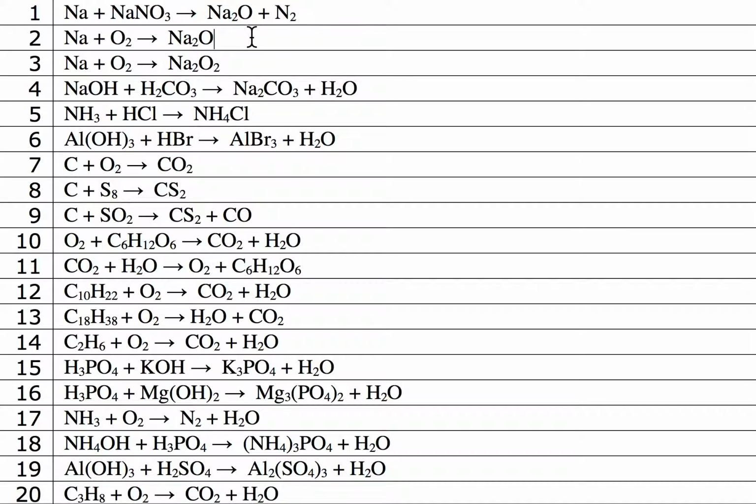So the first thing you want to do is look for something which is found in one reactant and one product, because that relationship is going to be fixed. If that exists, you start from that point. Here we have sodium in two different places on the reactant side, so we would not start with sodium. We're going to look at nitrogen, which exists in one reactant and one product.